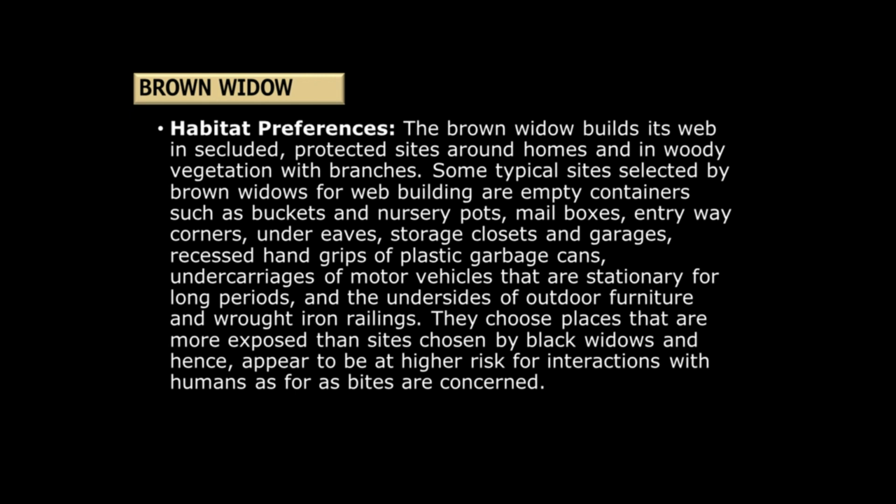They choose places that are more exposed than sites chosen by black widows and hence appear to be at higher risk for interactions with humans as far as bites are concerned.